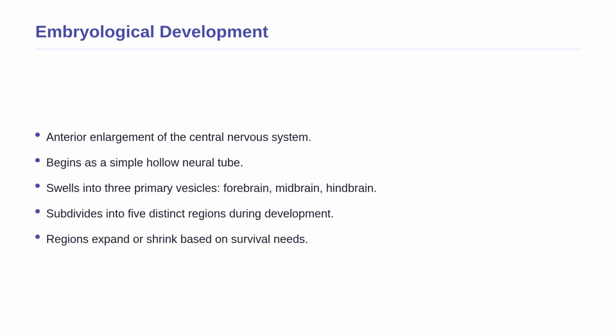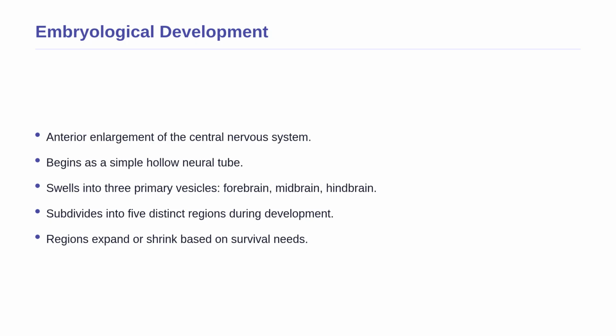Now that we understand the brain as an evolving computer, let us look at its formal biological definition. In vertebrate anatomy, the brain is the highly specialized anterior enlargement of the central nervous system. But how does it form? Embryologically, it starts as a simple, hollow neural tube.